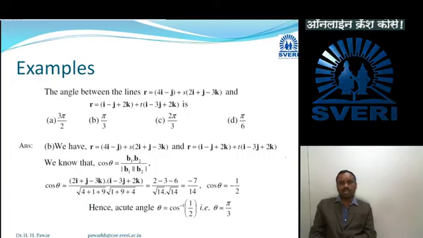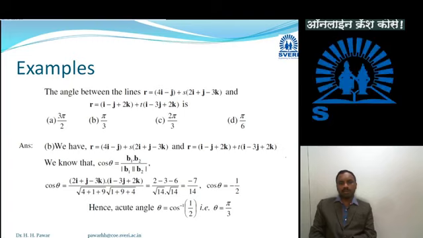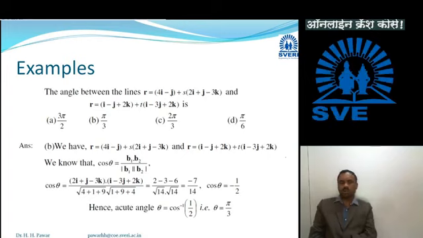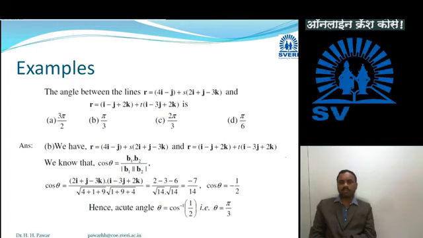So cos theta is equal to 2i plus j minus 3k dot i minus 3j plus 2k divided by square root of 4 plus 1 plus 9 into square root of 1 plus 9 plus 4, that is root 14 into root 14, which gives us 14 only. So cos theta is equal to minus 7 upon 14, that is minus 1/2. Hence theta is equal to cos inverse 1/2.